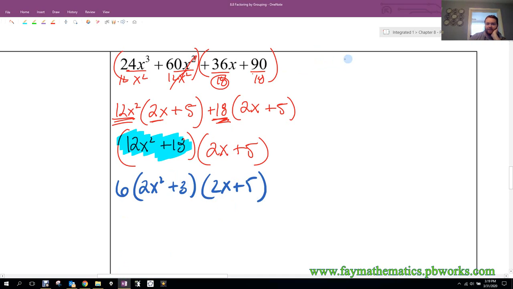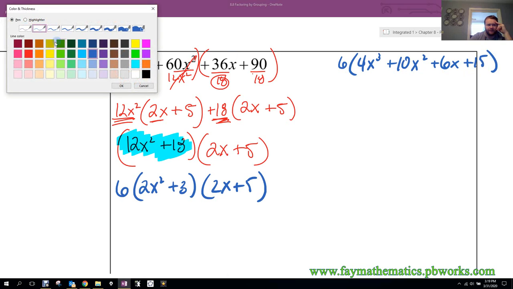Now, you could do the same thing off the bat, but we recognize they all divide by 6. Take a 6 out of this entire expression, so 24 divided by 6 is 4. 60 divided by 6 is 10. 36 divided by 6 is 6. And 90 divided by 6 is 15.